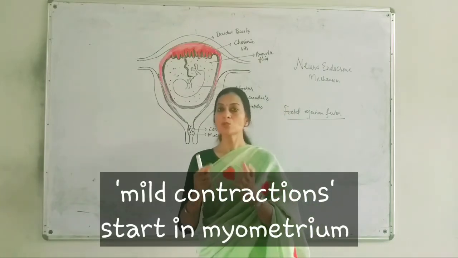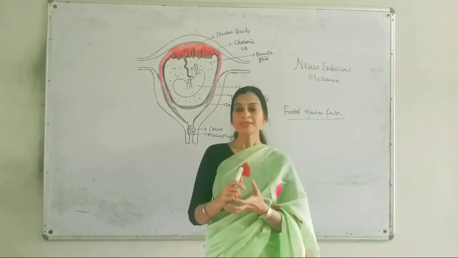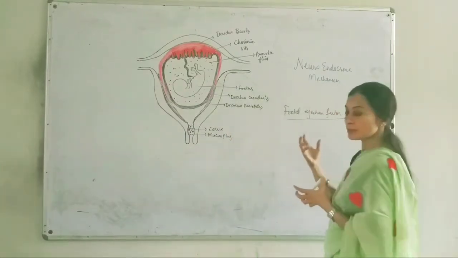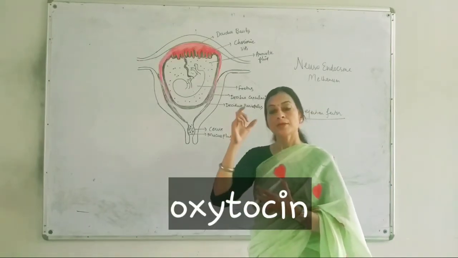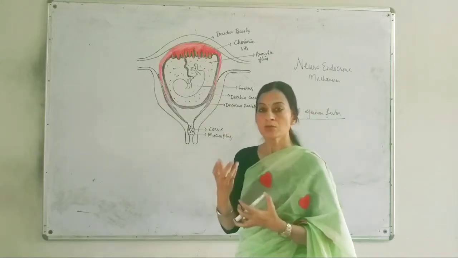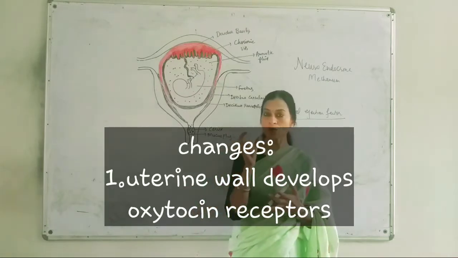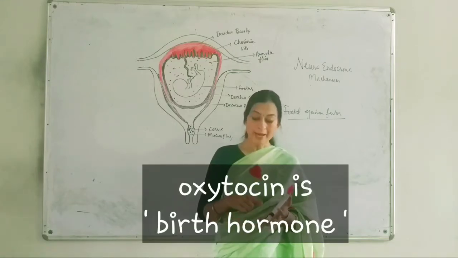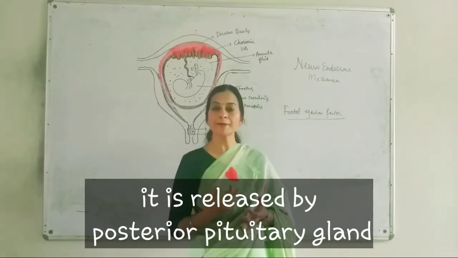The smooth muscles of the myometrium start undergoing the contraction phase, and these mild contractions also stimulate, side by side, the release of oxytocin. The uterine wall also develops oxytocin receptors. What is this oxytocin? This oxytocin is a hormone known as the birth hormone, and the source of this hormone is actually the posterior pituitary in our brain.